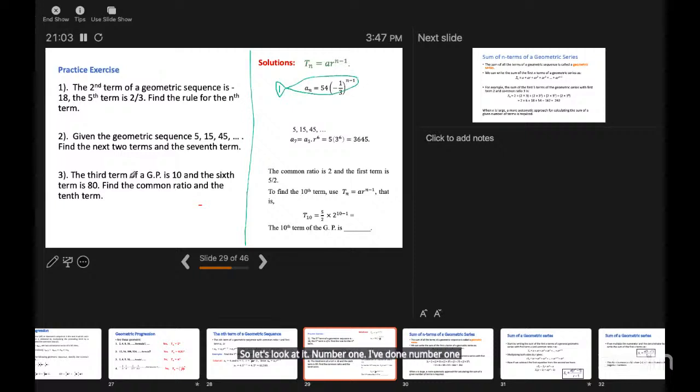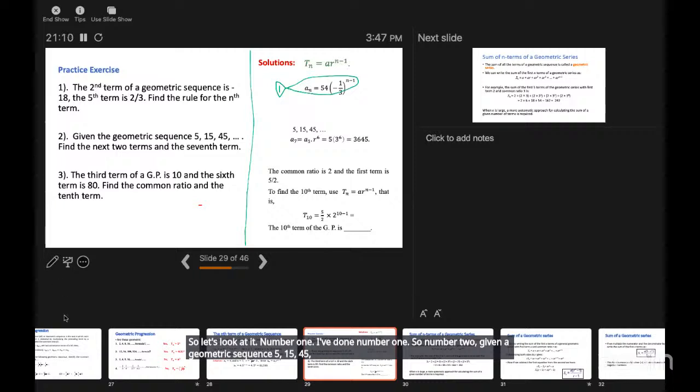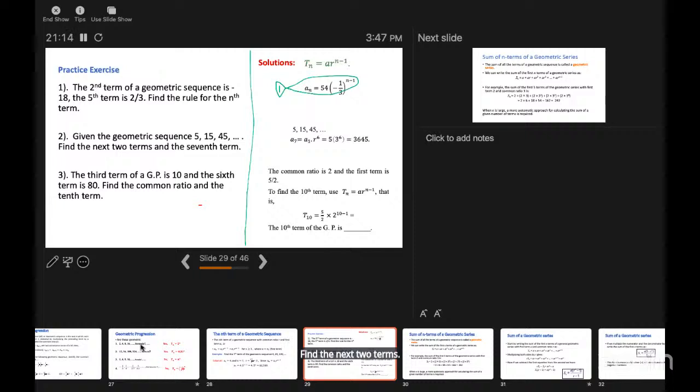So number 2: given the geometric sequence 5, 15, 45, find the next 2 terms and the 7th term.